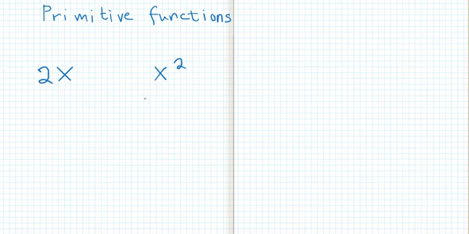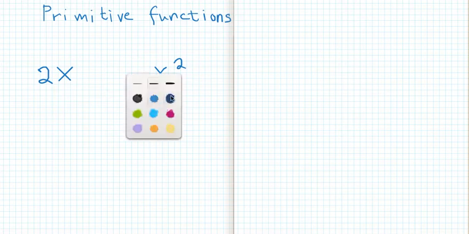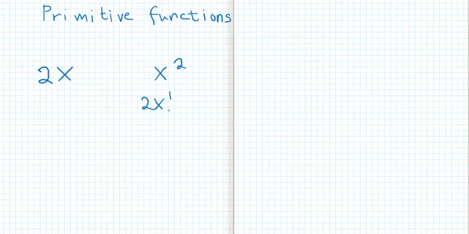So if I do it down here, 2x to the power 1. But we're not going to write out the 1 because it doesn't really add anything to the function. X to the power 1 is the same as x. We're just going to write 2x. So if this is the function, this is the derivative.